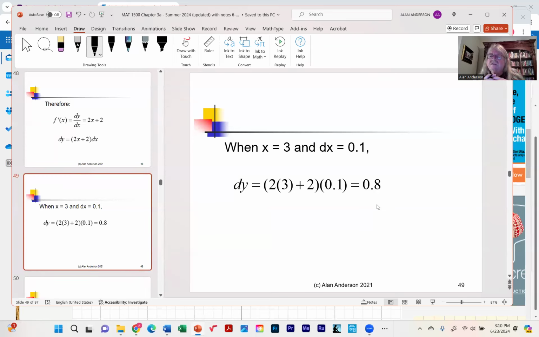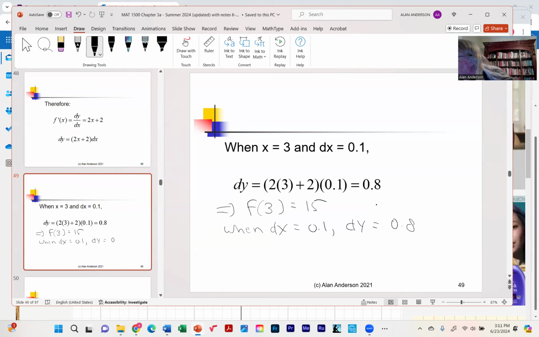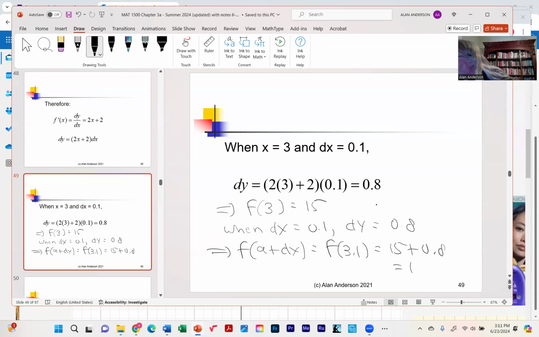So what this is implying is that since f of 3 is 15, and when dx is 0.1, dy is 0.8, f of 3.1 is approximately 15.8.